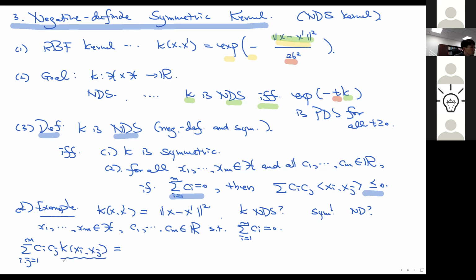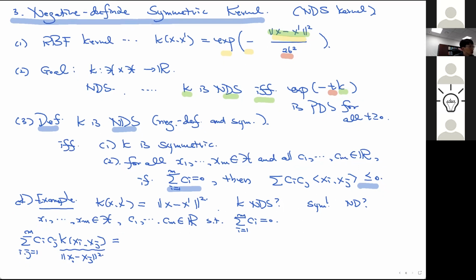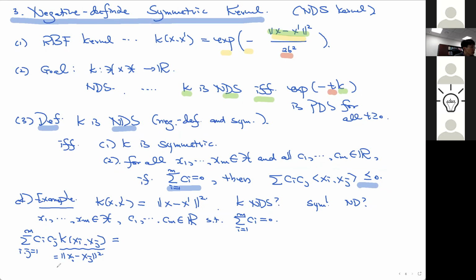This is the same as the norm of xi minus xj squared, which is also the same as norm of xi squared minus 2 times the inner product of xi and xj plus norm of xj squared.